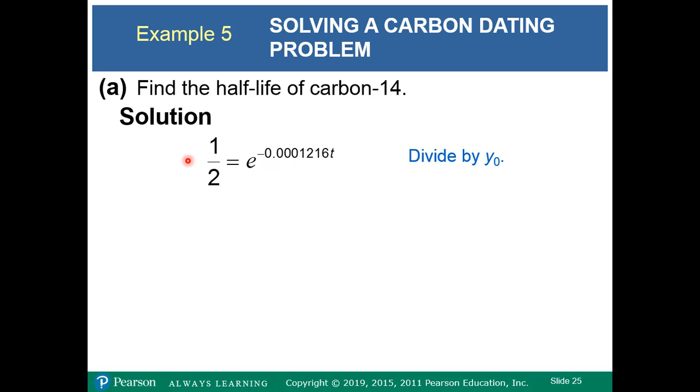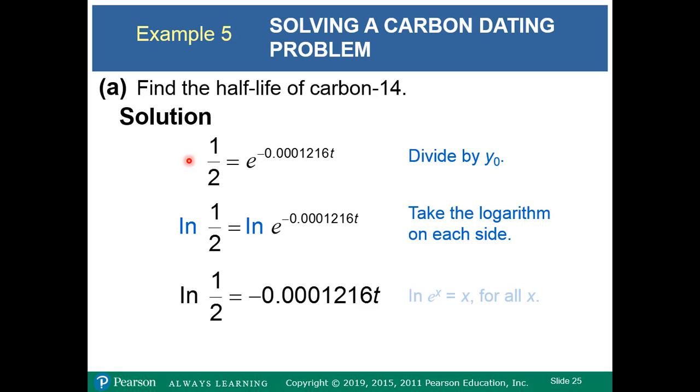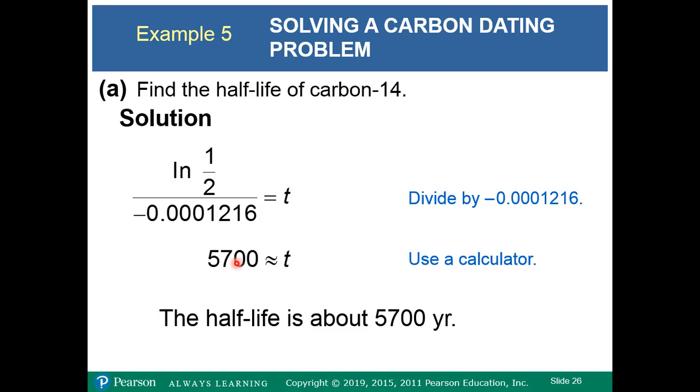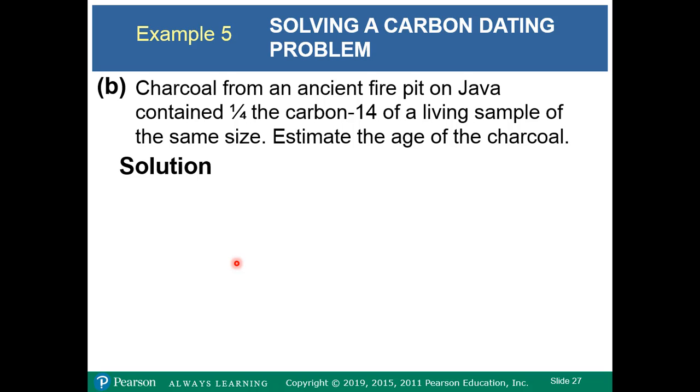Then I'm going to take the natural log of both sides, and then divide by this. Plug it in your calculator, and you get approximately 5,700 years. Okay, all right. So the half-life is approximately 5,700 years.